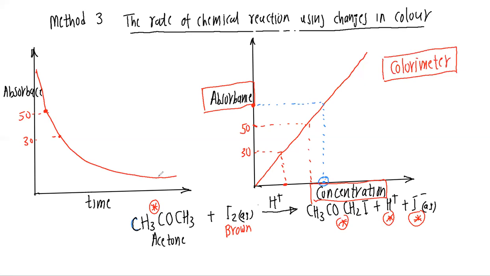As its concentration starts decreasing, the intensity of the brown color will keep on falling, and because of that, we measure using the colorimeter, which measures the absorbance, and then absorbance can be converted into the concentration because we have a calibration curve. Simple. And once we know the change in the concentration, we know how to find out the rate of reaction. Again, the method is extremely simple. Only you should be aware of this concept. Great.